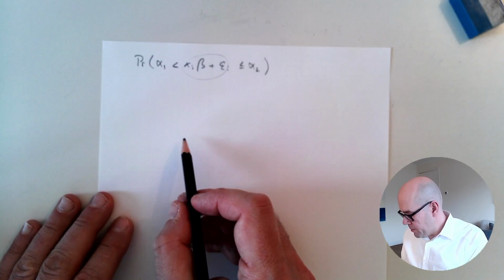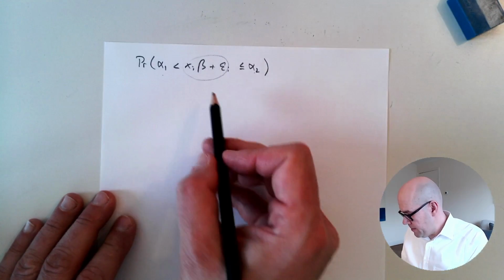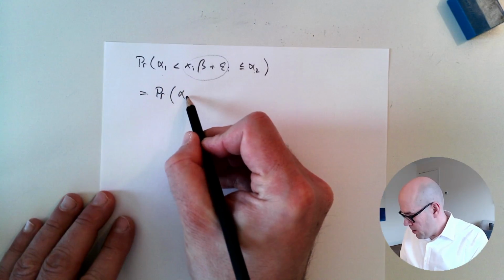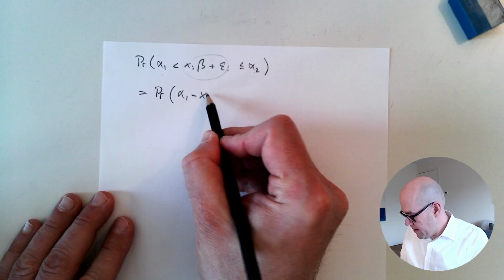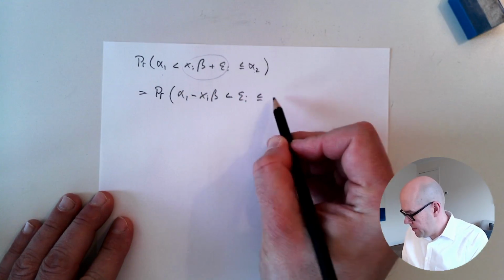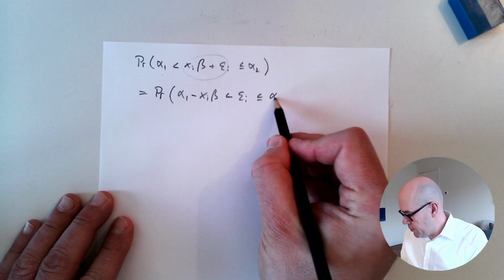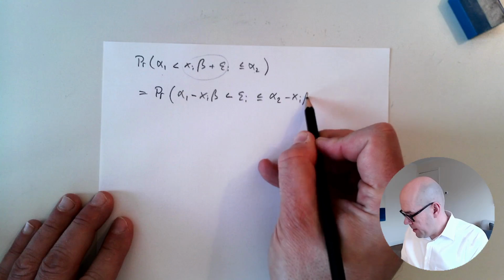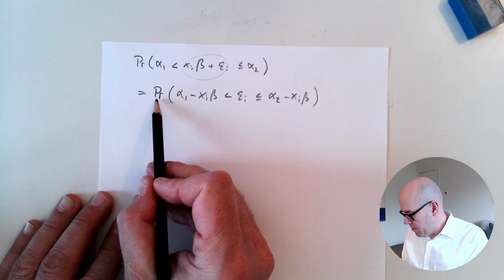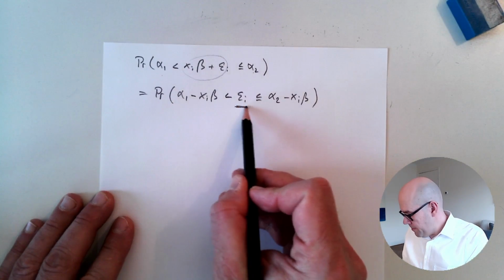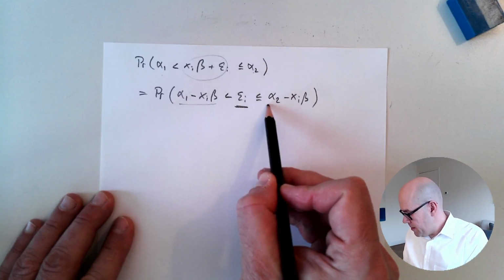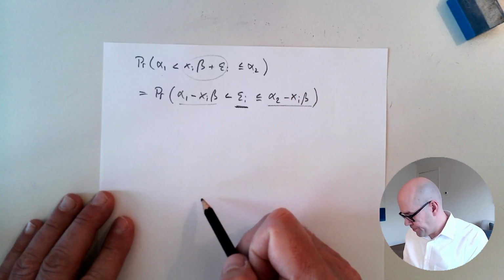First of all, I can rewrite this as the probability that alpha 1 minus xi beta is less than epsilon I is less than or equal to alpha 2 minus xi beta. So now I'm getting a probability that epsilon I, my econometric error term, falls in between these two quantities here.